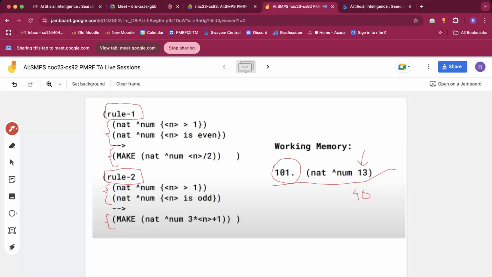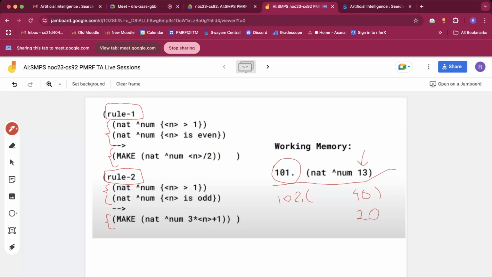I am not writing the whole syntax. This should be nat num 40 and 102, but you can do that on your own. We'll just try to solve it intuitively first. Now we'll subject 40 again to these two rules and see which of them can be used. 40 is now an even number and it's also greater than 1, so rule 1 will be fired, and we will have the half of 40 added to the working memory, which is 20.